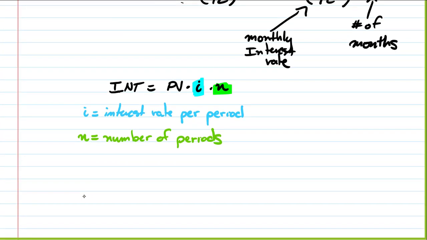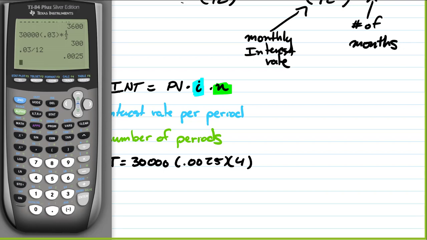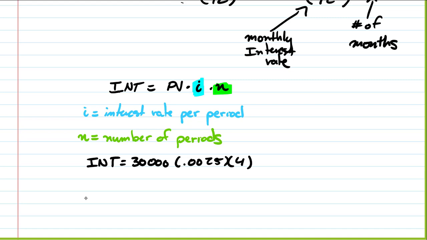So using that formula, we would get INT is equal to 30,000 times 0.0025 times our number of periods, which is 4, and we're going to get exactly the same answer. And we still get the $300 in interest. So the simple interest formula can be rewritten as this in a more general form, where I is the interest rate per any period, and N is the number of periods for which we are going to be charging that interest.